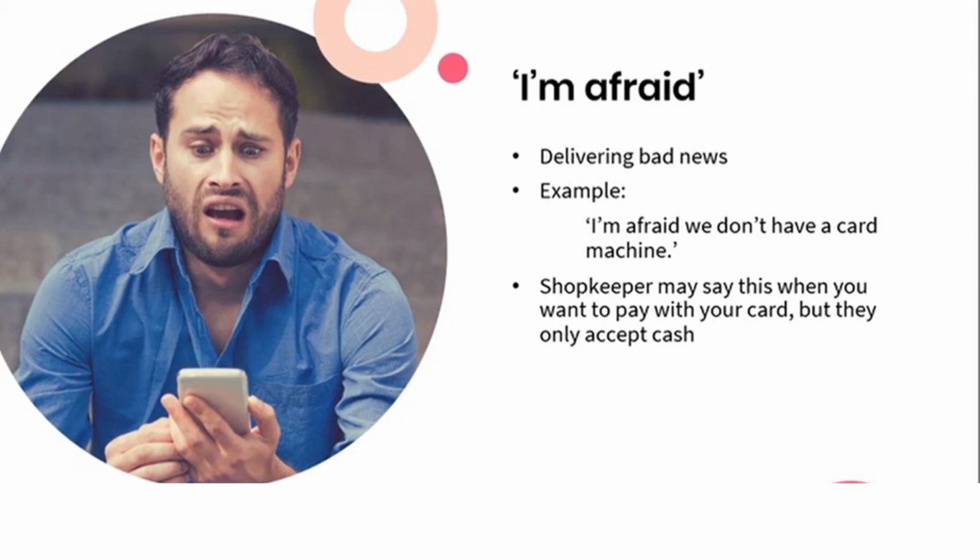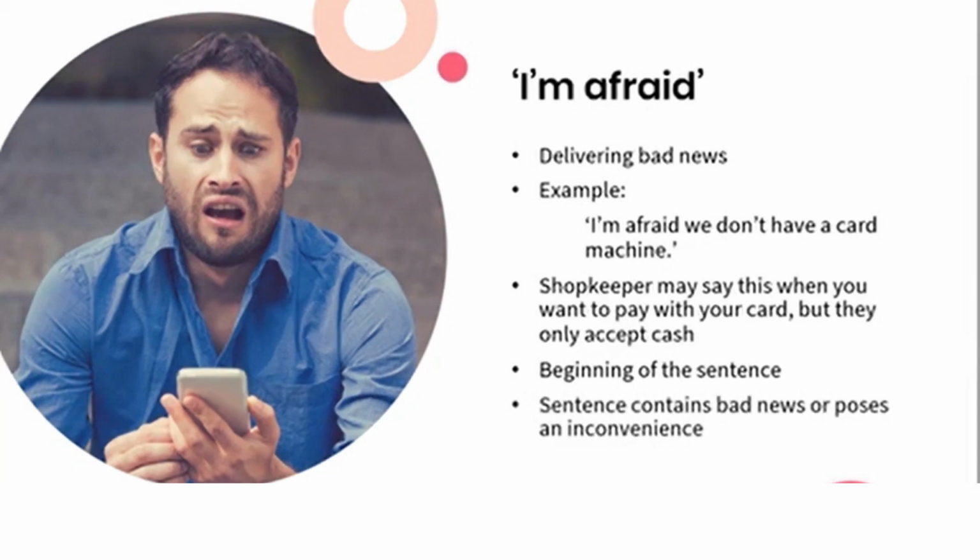As you can see, I'm afraid is placed at the beginning of the sentence. The sentence contains bad news, or at least poses an inconvenience to you. The use of I'm afraid is a very polite way to deliver bad or disappointing news.